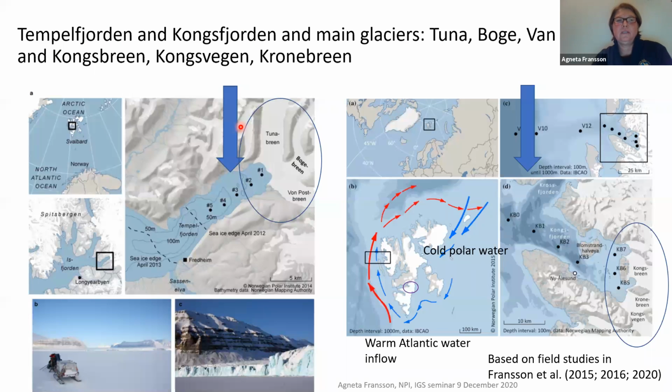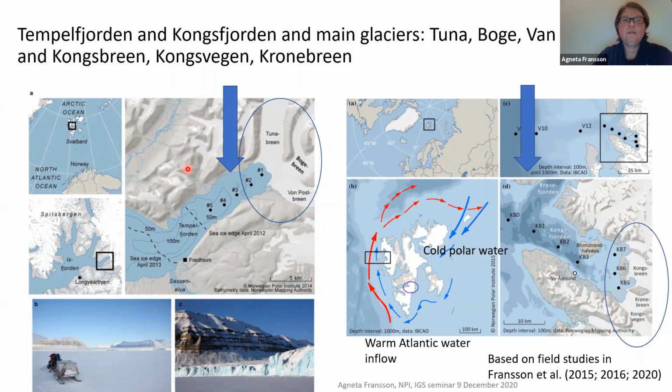I will look into these different fjords, and focus a little bit on how these studies have been done, and how the fjords look in these schematic maps. The Tempelfjorden, to the left-hand side here, is a 40-kilometer long fjord, and it has no pronounced sill.